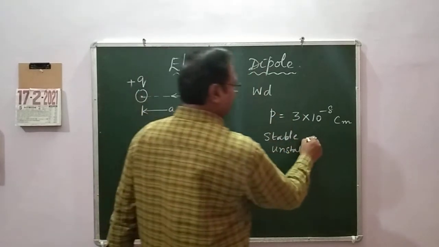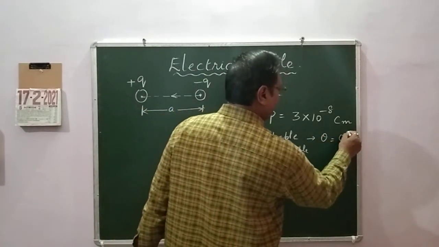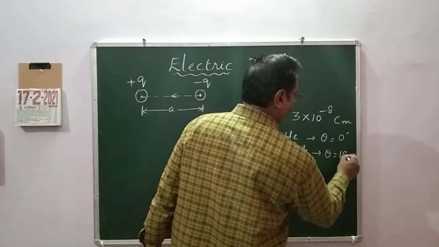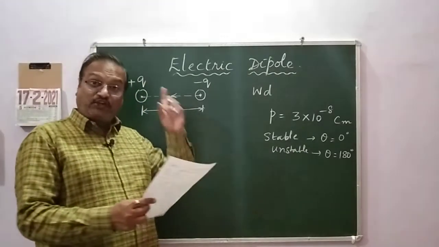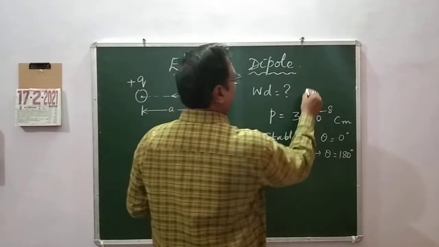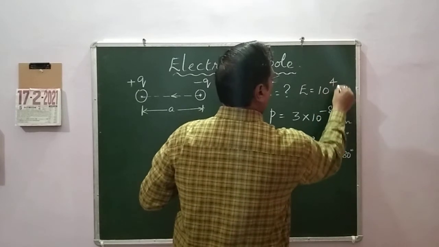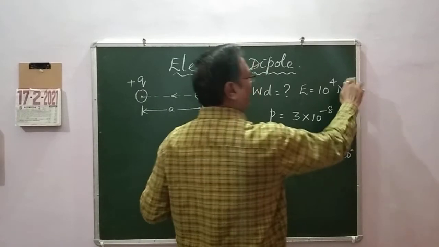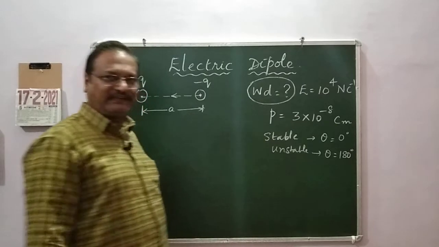At stable equilibrium, what was theta? Lying parallel, that is equal to 0 degree. Unstable, opposite, theta is equal to 180 degree. By rotating this in a uniform electric field of 10 power 4 Newton per Coulomb. Yes, we have got two data with us and we have to calculate the work done.